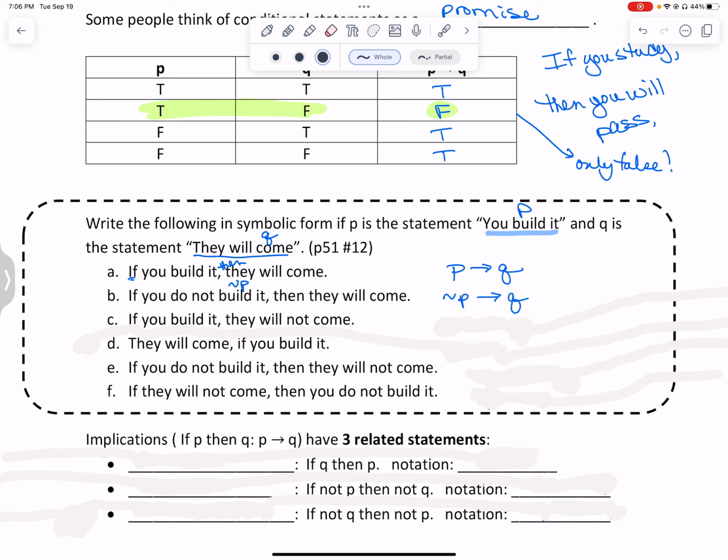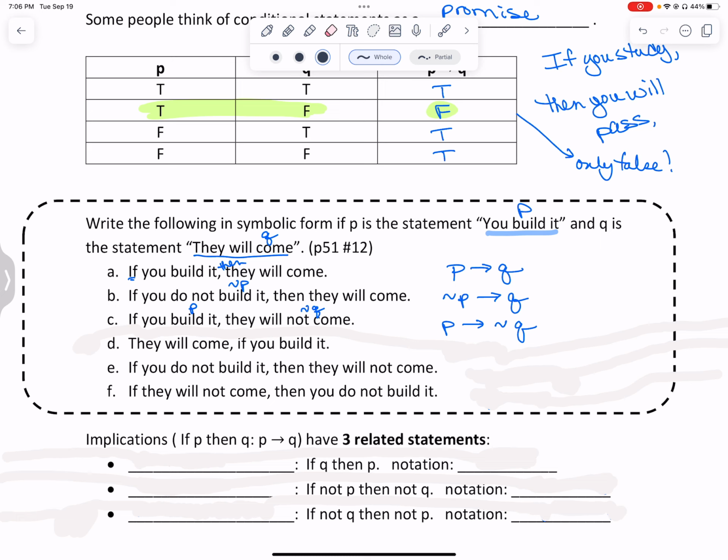We're not talking about whether this is true or false. We're just writing it as a statement. Okay, if you build it, what's build it? That's a P again. So if you build it, they will not come. See, that's my negation. So that would be P, then not Q. Now this one is tricky.